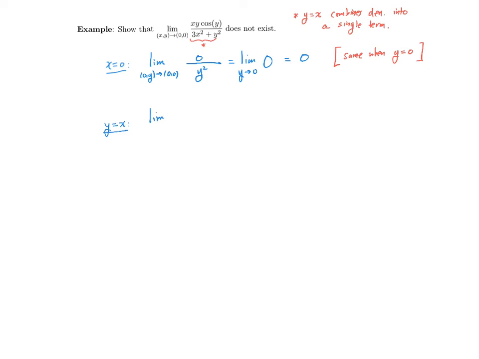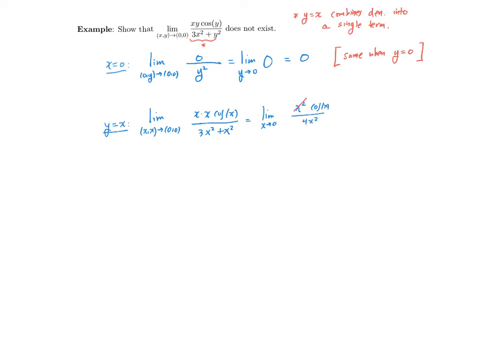So we'll go ahead and make each and every y into an x. So it would be x times x cosine of x, all divided by 3x squared plus x squared. And doing a smidge of work, we have the limit as x approaches 0, x squared cosine x over 4x squared.